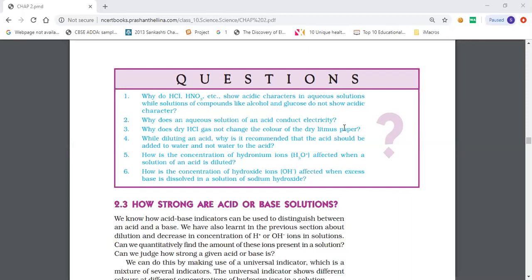So write down the answer of this, everyone. Third answer, why does dry HCl gas not change the color of dry litmus paper?